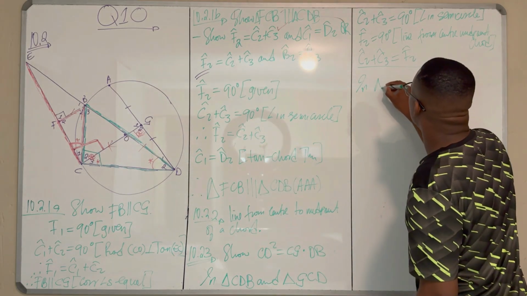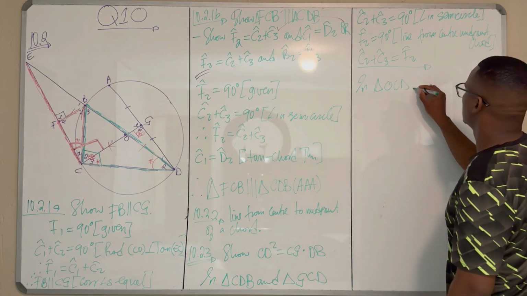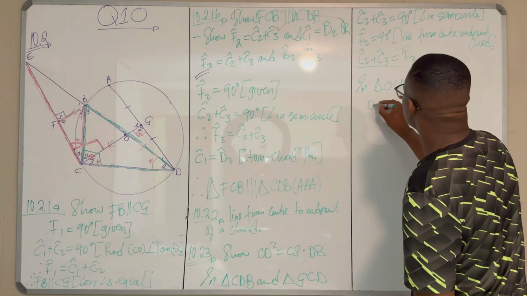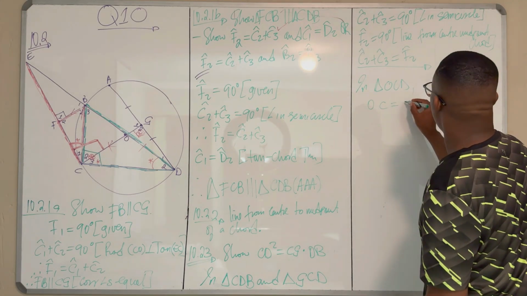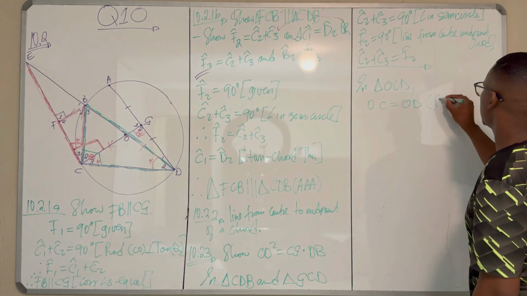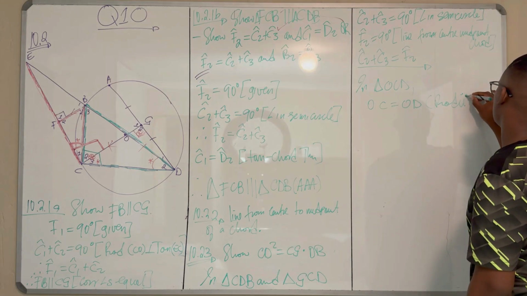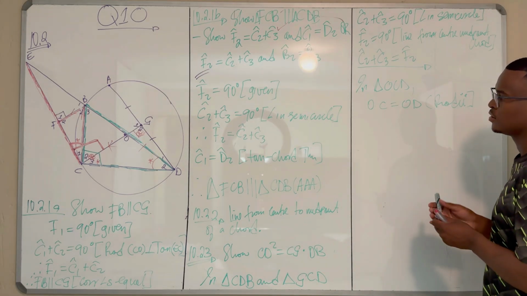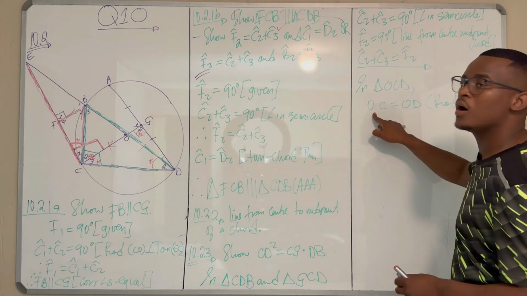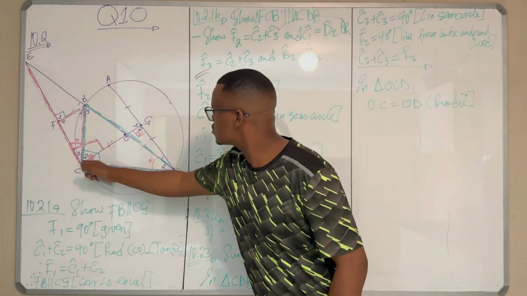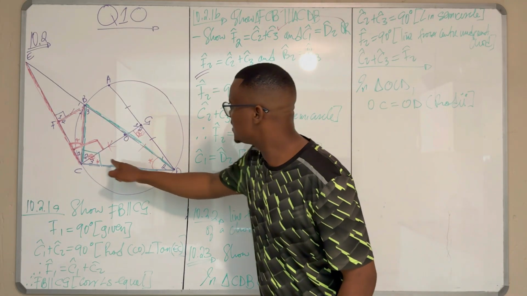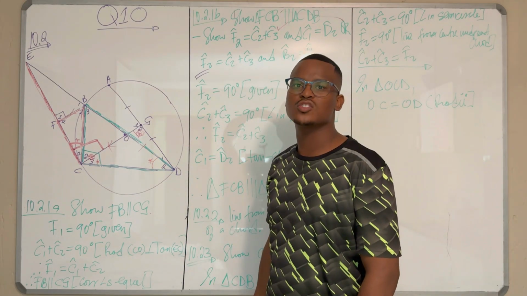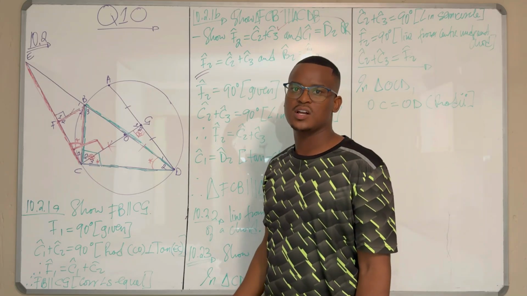In triangle OCD, I'm going to say OC is equal to OD. These are radiuses, right? So if your two radiuses are equal, which means you have an isosceles triangle there. So the base angles of an isosceles triangle are equal. So the angles opposite equal sides are going to be equal.